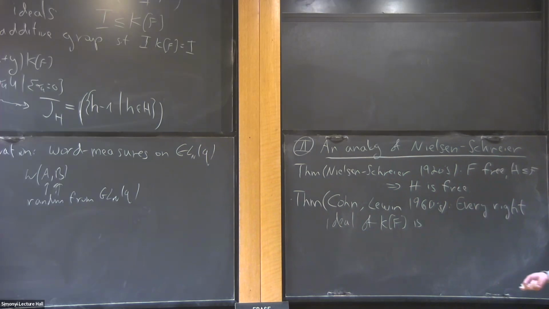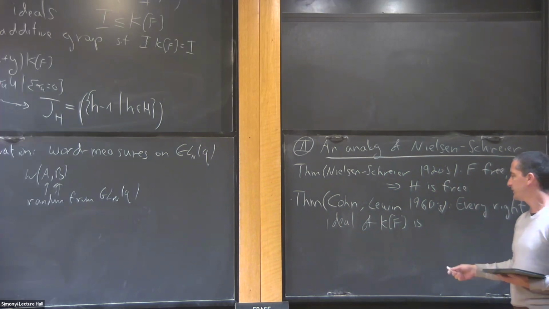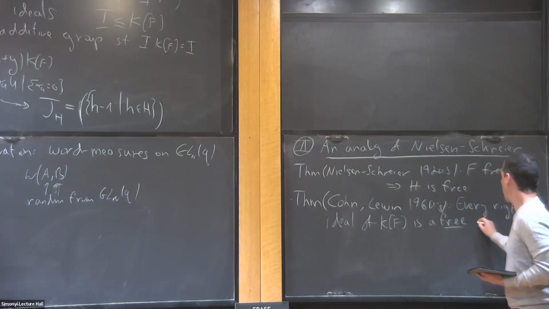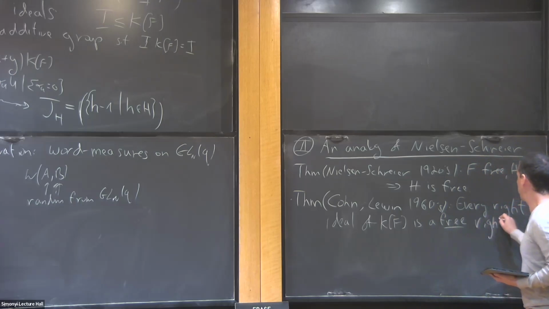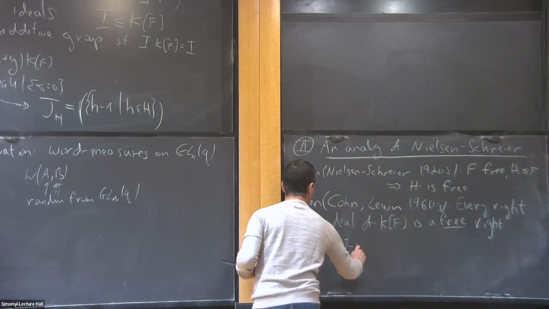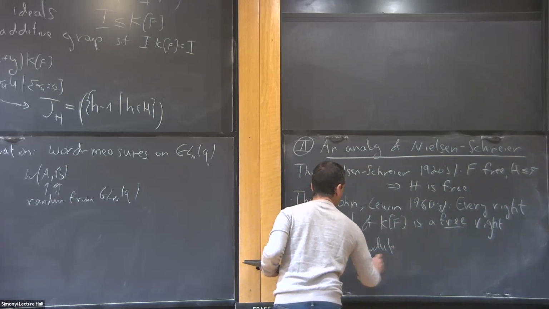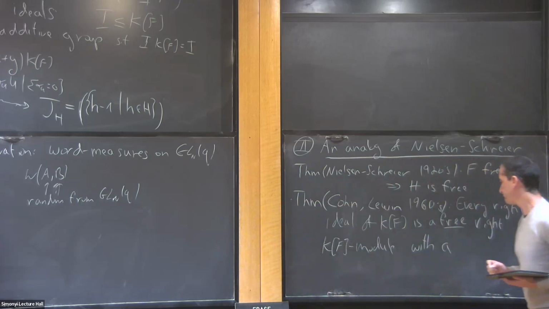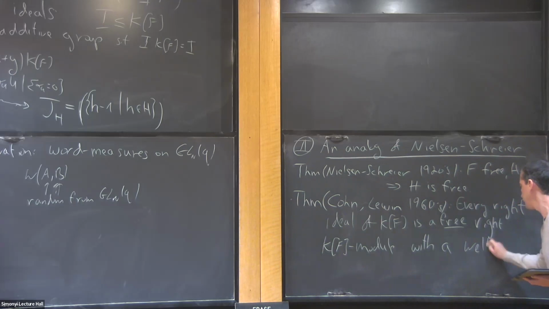What does it mean here to be free? Every right ideal is a right module of KF, but it's a free right module.